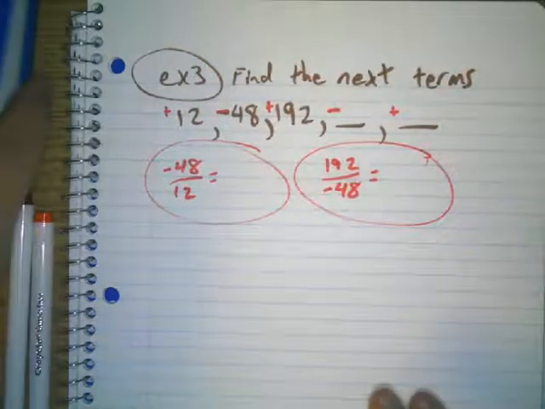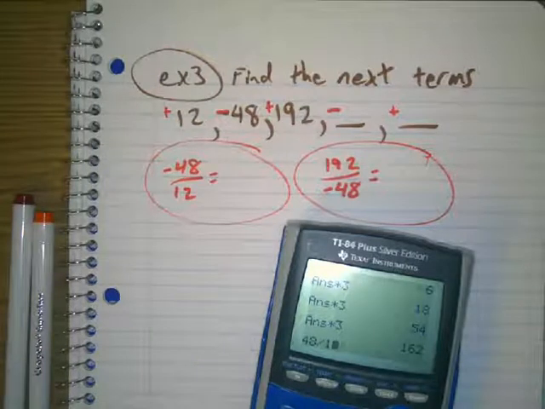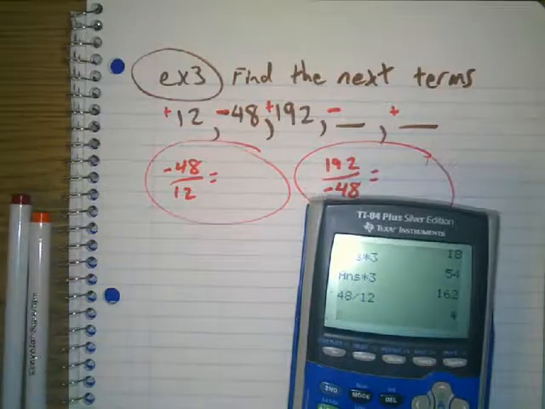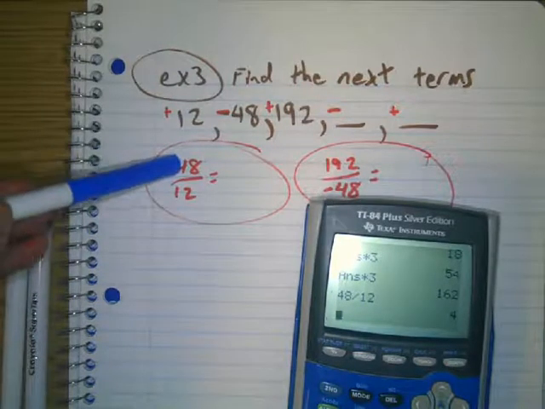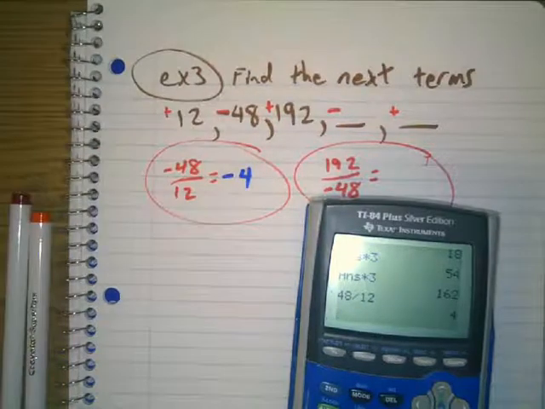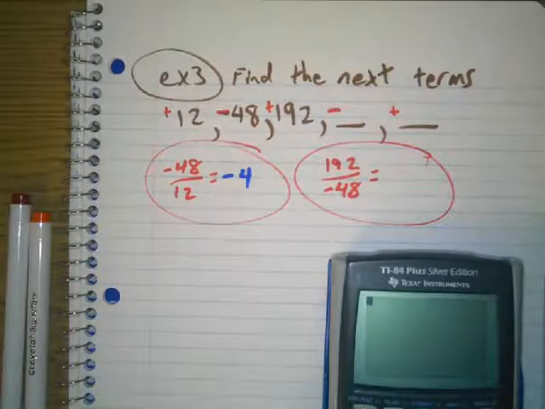Let's try it. What is 48 divided by 12? We know that that's 4, isn't it? And since one of them's negative and one of them's positive, it's going to be negative 4. Now what's 192 divided by 48?